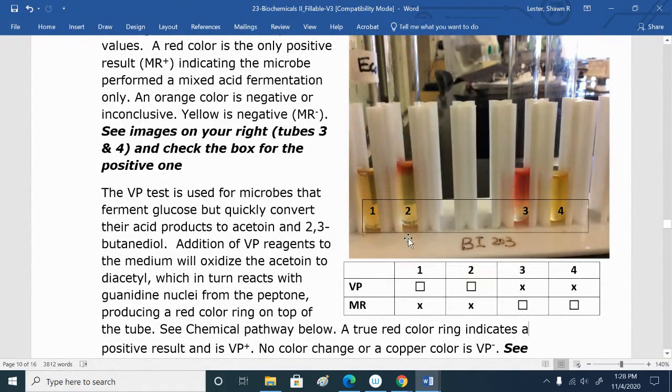So here we have our tubes, and what's done in this picture is the 2 tubes, number 1 and number 2, are VP tests for different organisms, and tubes 3 and 4 are methyl red tests for different organisms. So let's look at tubes 1 and 2. So this is the VP test.